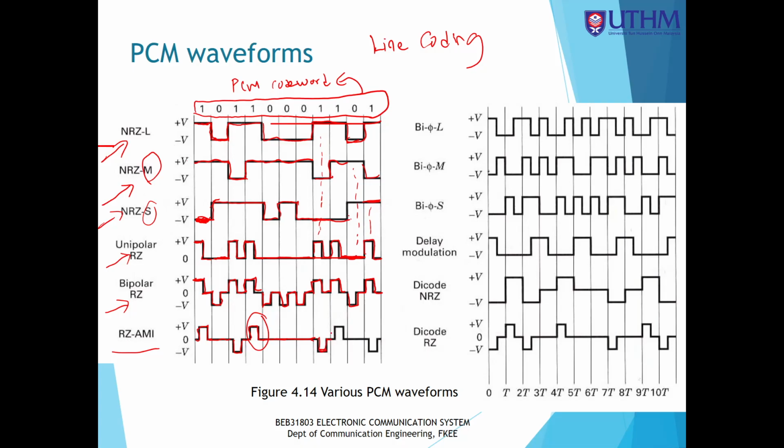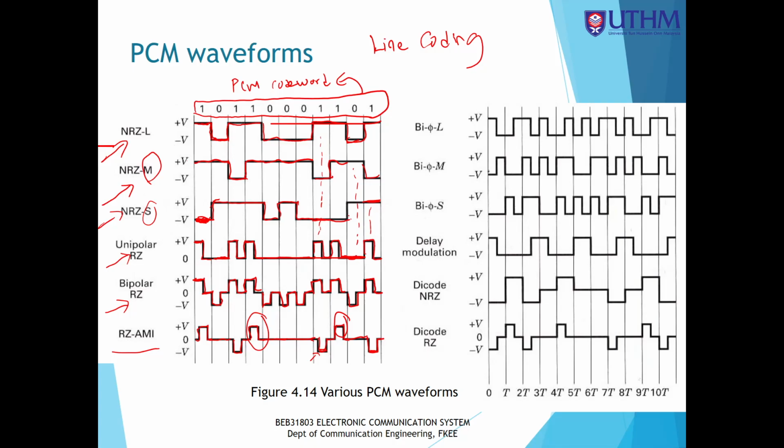Then another input 1, so it will change the polarity from negative to positive, half of the bit time, and then return to 0. And then logic 0, no change. And then logic 1, change polarity from positive to negative, and then return to 0.